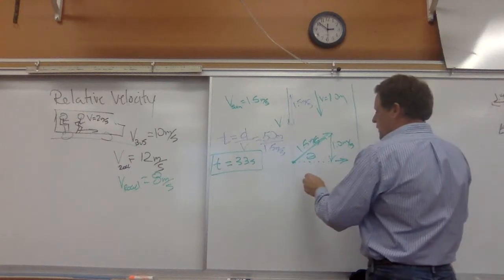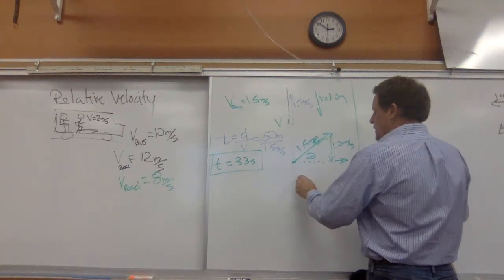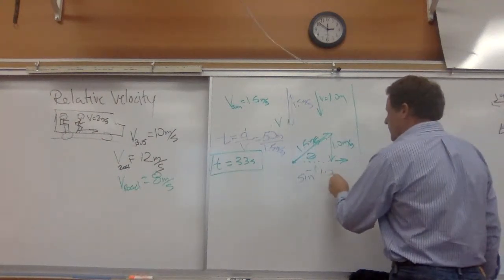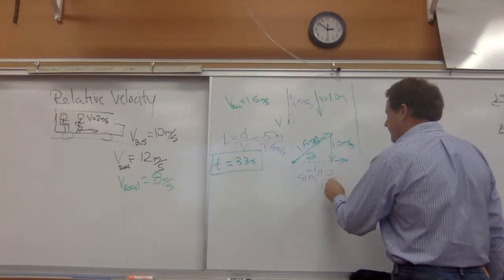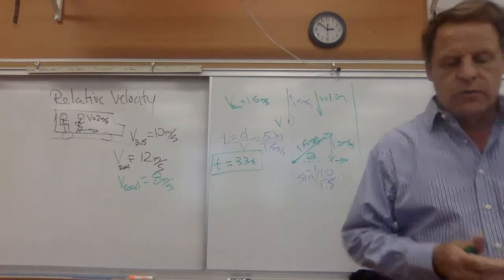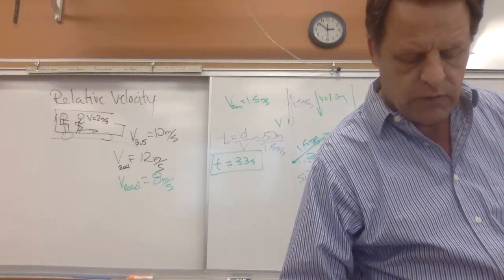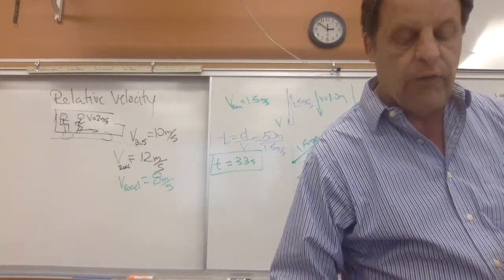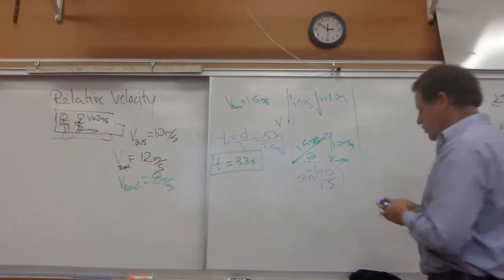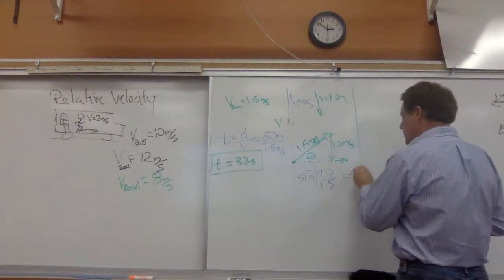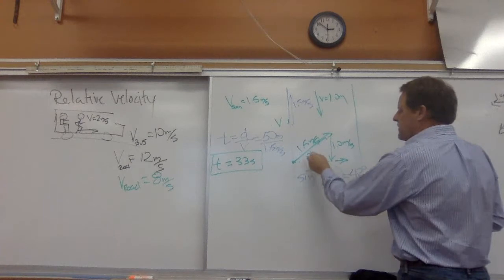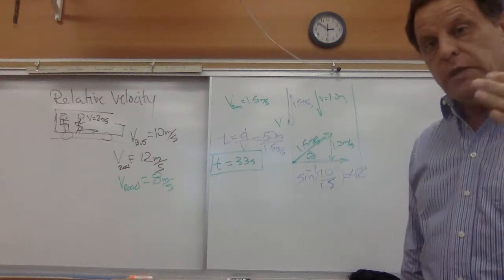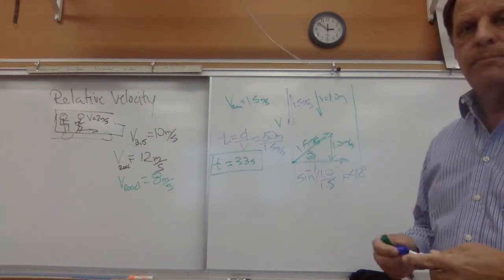Therefore, we take the inverse sine of 1 divided by 1.5. That's going to give us an angle of 41.8, so let's just call that 42 degrees. That is with respect to the perpendicular to the shore.